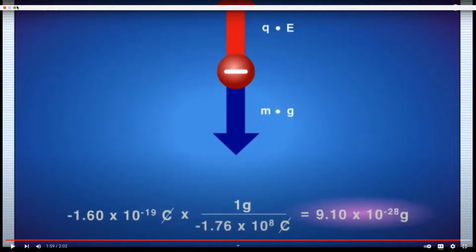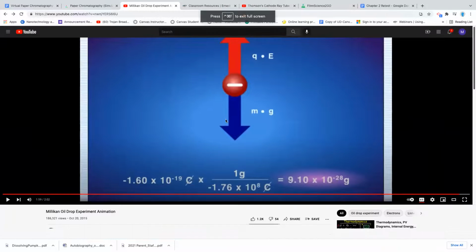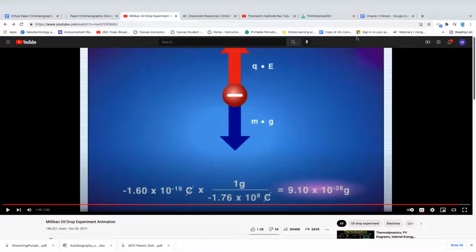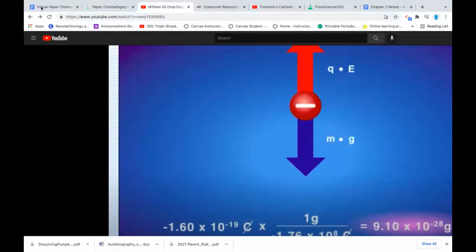So now we can go back to our progression.